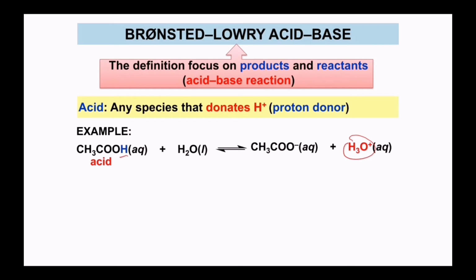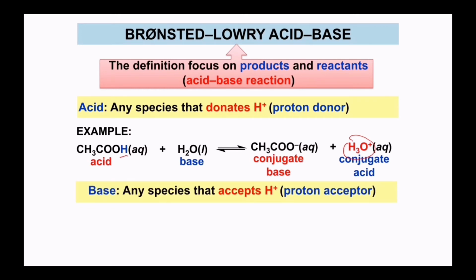So that makes CH3COOH an acid because it donates its proton. And that makes CH3COO- its conjugate base. So when CH3COOH is considered as an acid, therefore another reactant, which is H2O, will be the base, and the product of H2O will be the conjugate acid.